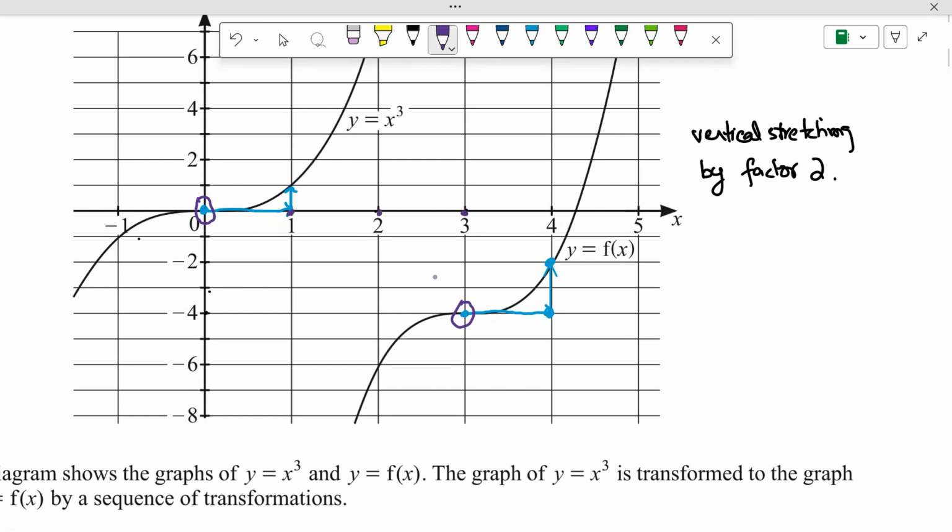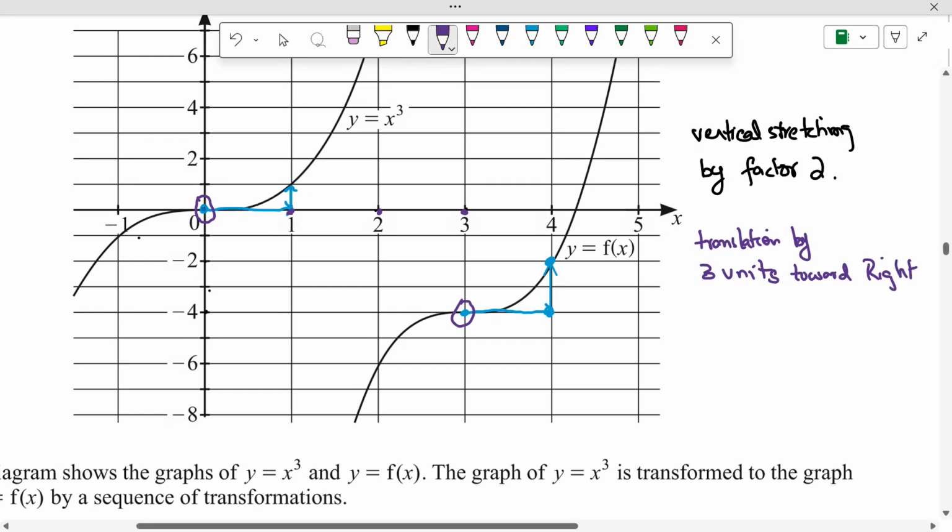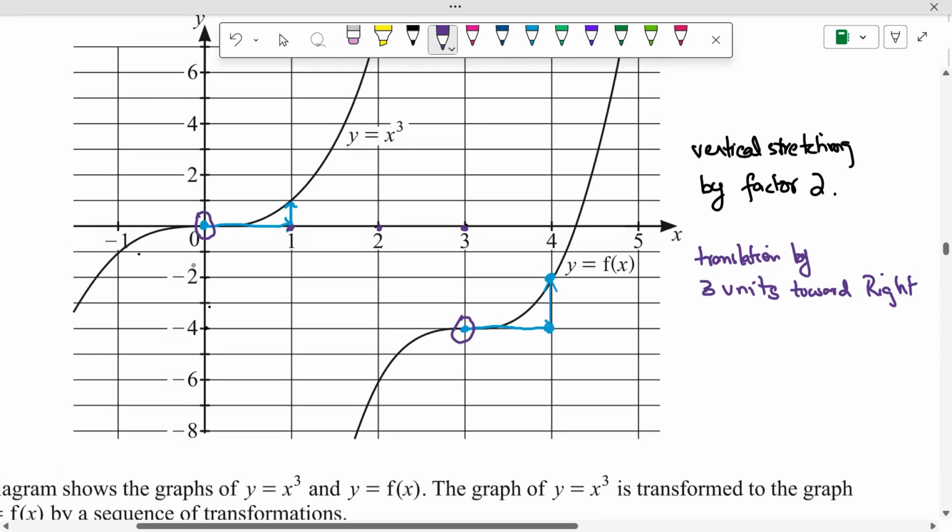So there is a translation in the x-axis by 3 units towards the right.